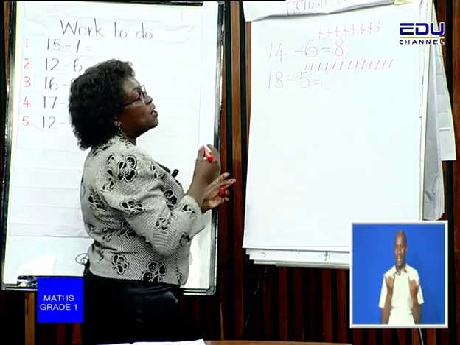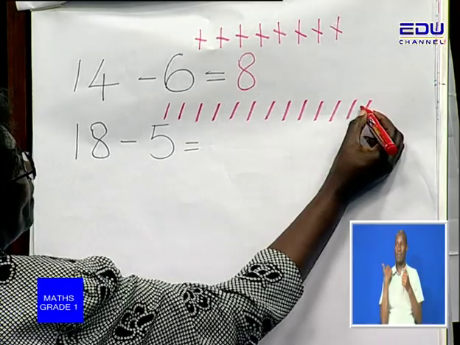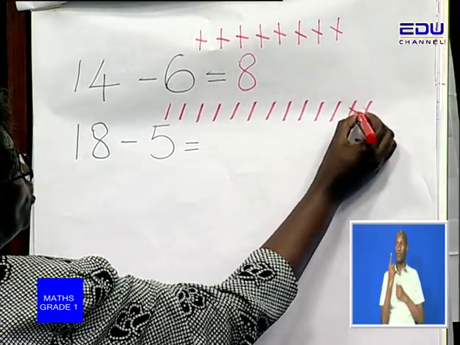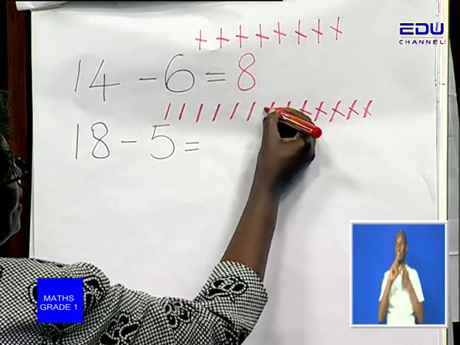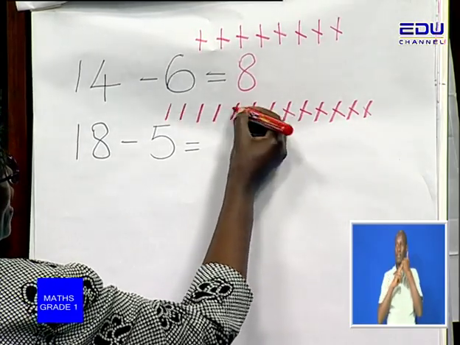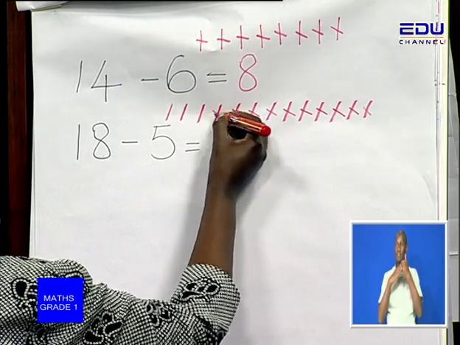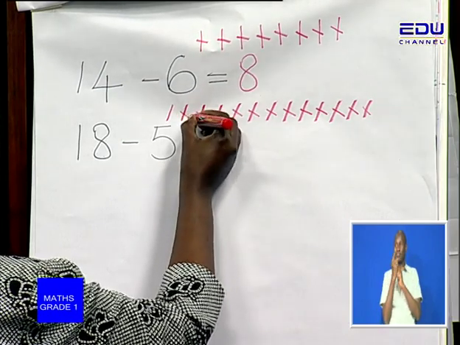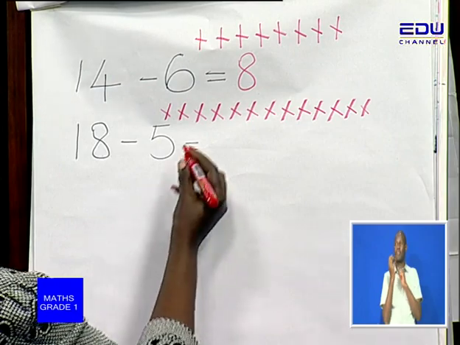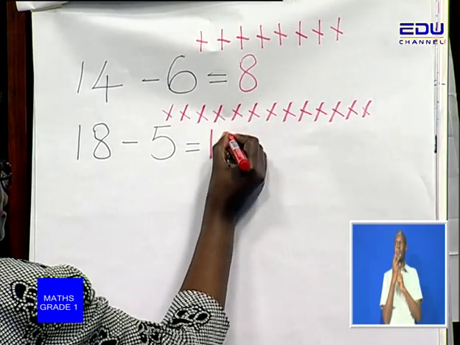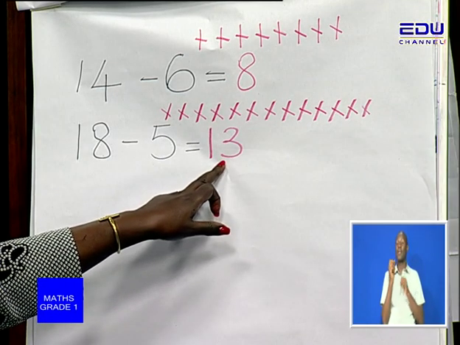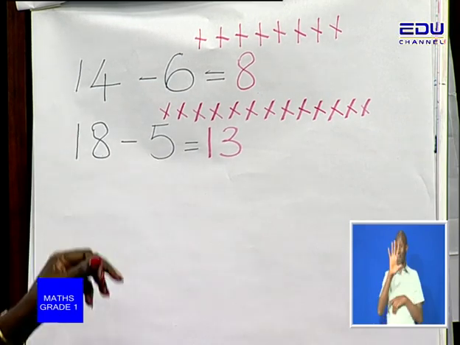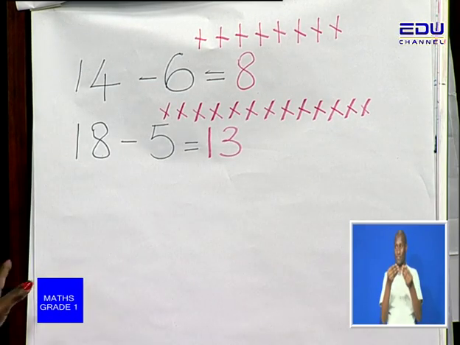Now I count the number of sticks: 1, 2, 3, 4, 5, 6, 7, 8, 9, 10, 11, 12, 13. My answer is 13. Lana, you will see that 13 plus 5 will give us 18.